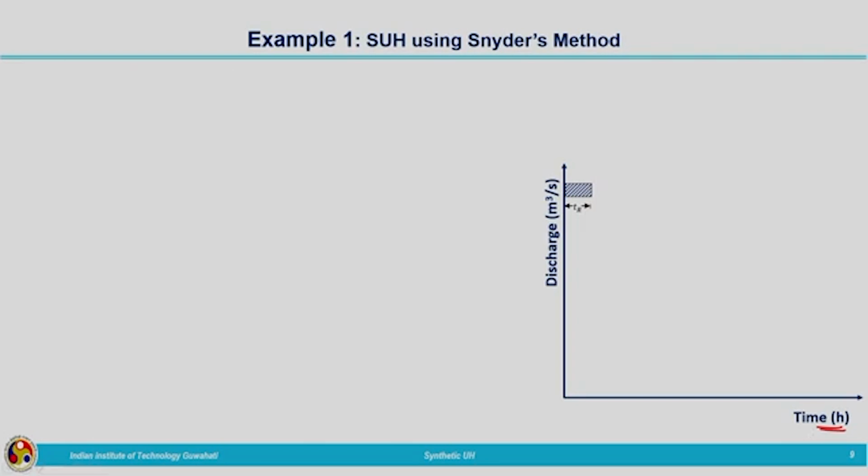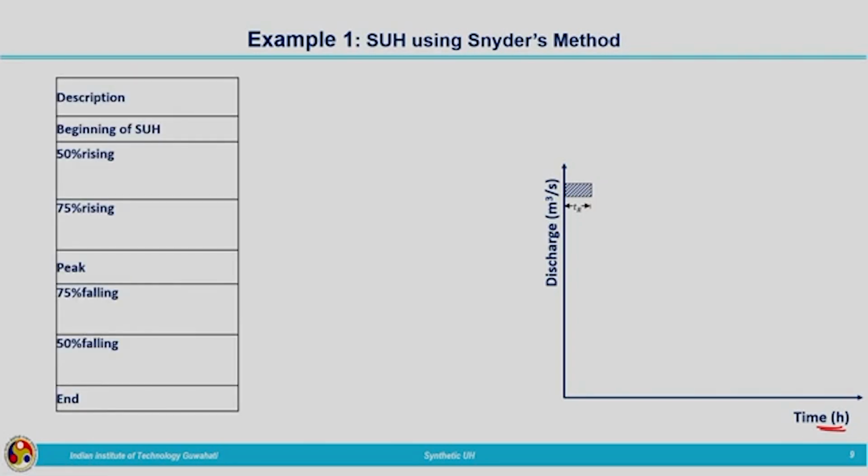Now, let me describe the different terms which are required for drawing the synthetic unit hydrograph. We have the beginning of the synthetic unit hydrograph, then 50% rising, which is the rising limb up to 50% of peak discharge, and 75% rising, which is the rising limb from 0 to 75% of the peak discharge. Peak you already know.